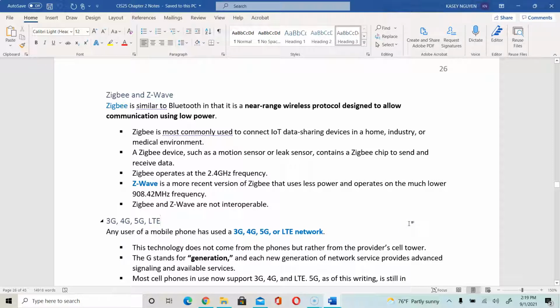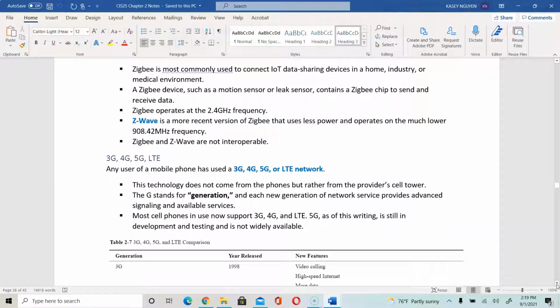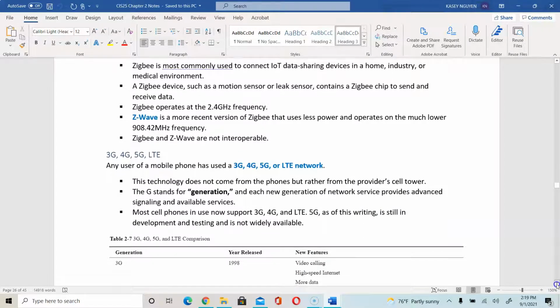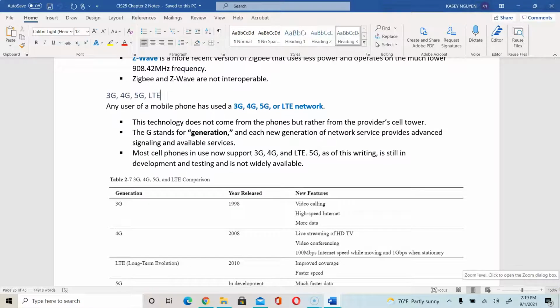So in the notes on page 26, it begins with talking about 3G, 4G, 5G, and LTE. This is for cellular network technology. Why do you need to know this? I'm sure many of you already know the technology, but you need to service mobile devices that would utilize either 3G, 4G, 5G, or LTE networks.